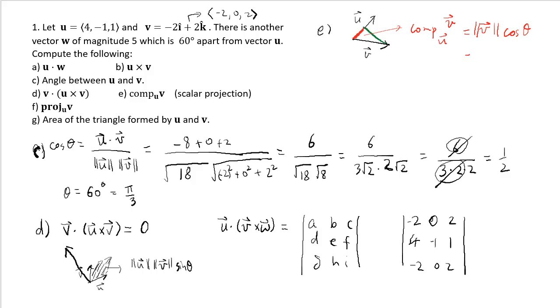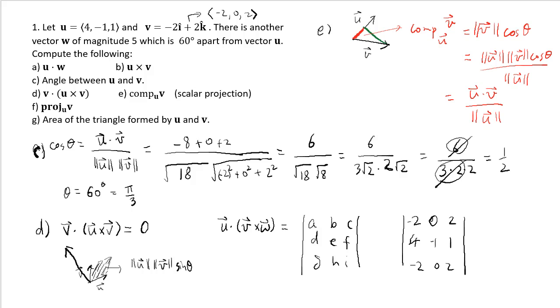And this is the same as multiplying by U and dividing by U. The top one is really U dot V, and then you're dividing by the norm of U. So you can think of this as the formula for the component.